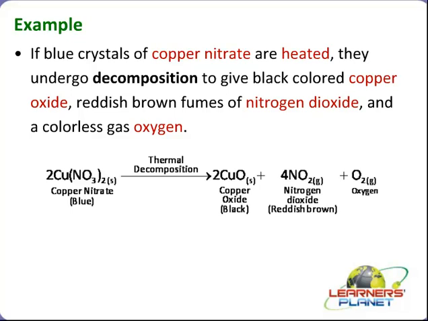I'll write here, the valency of copper is 2. The charge on nitrate is NO3 minus. So what will be the formula of copper nitrate? It would be Cu(NO3) twice. Now thermal decomposition.